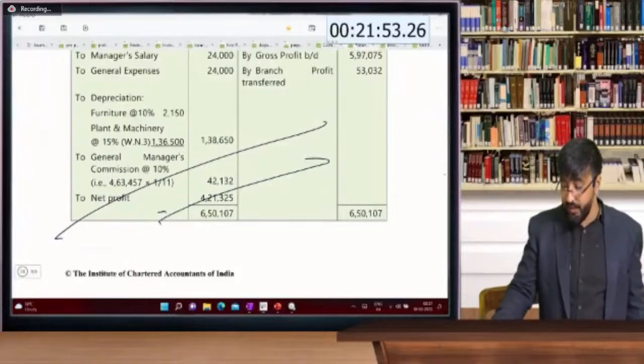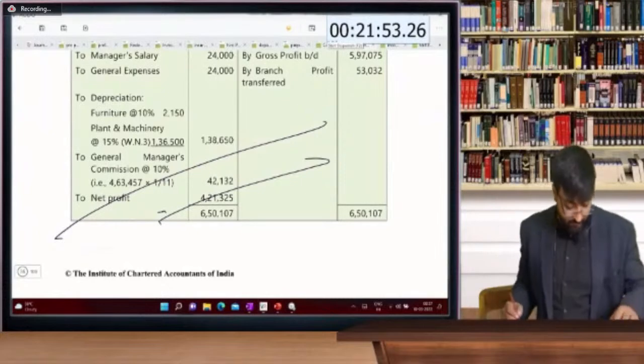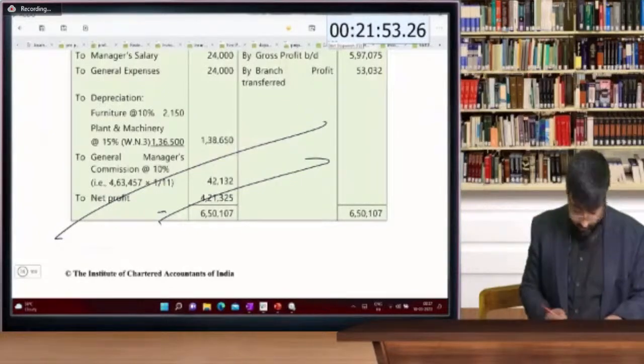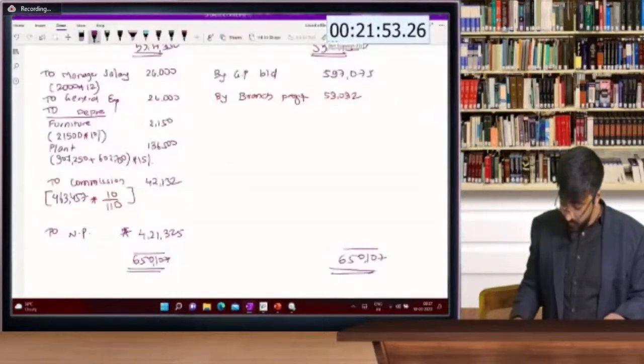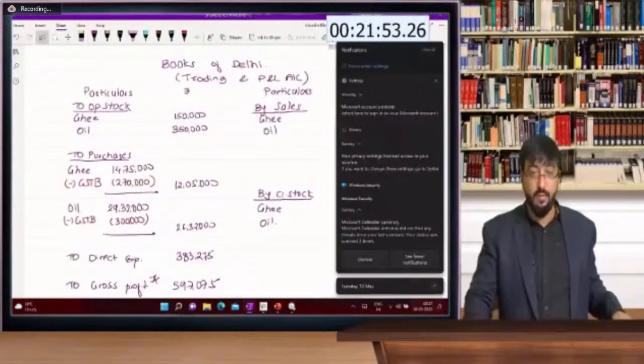22 minutes. Write down the timing. 22 minutes. Take a screenshot if you want.